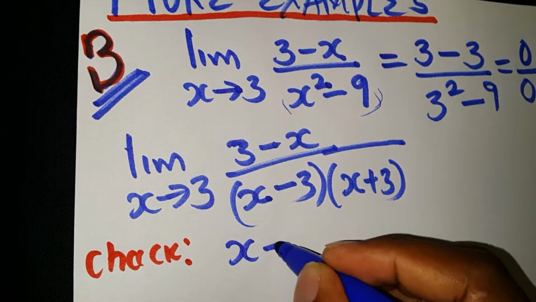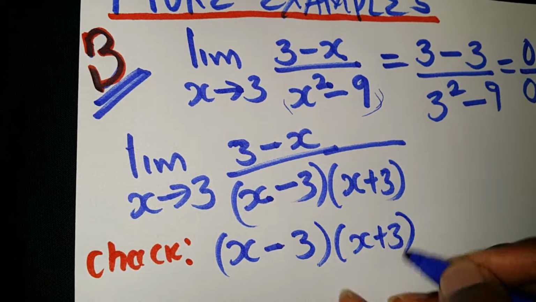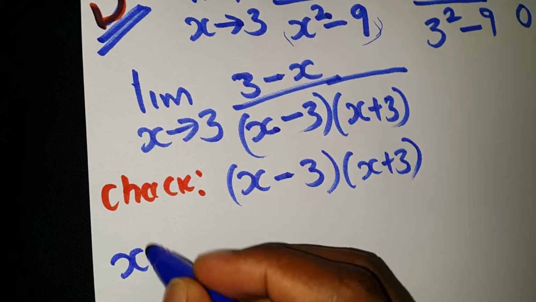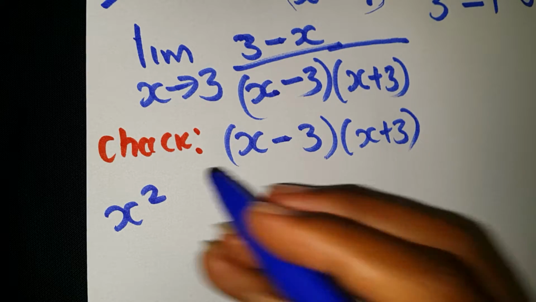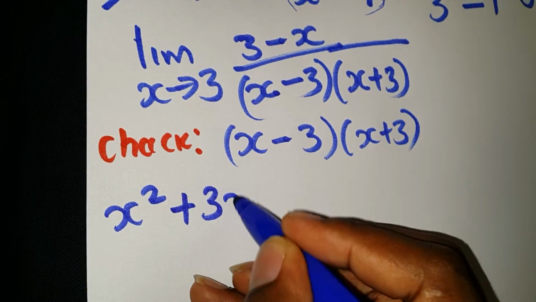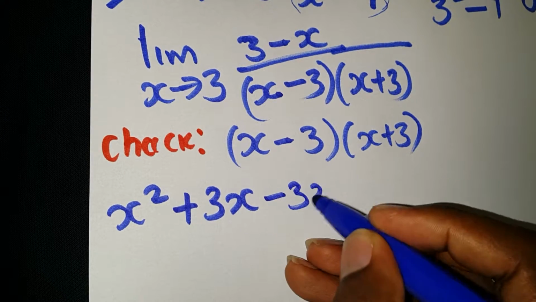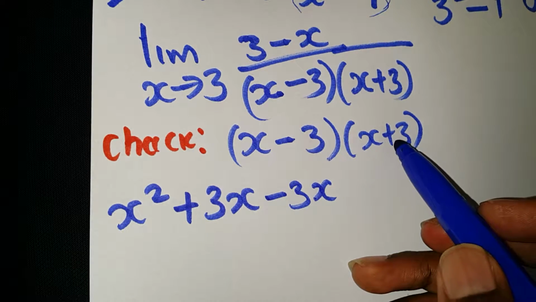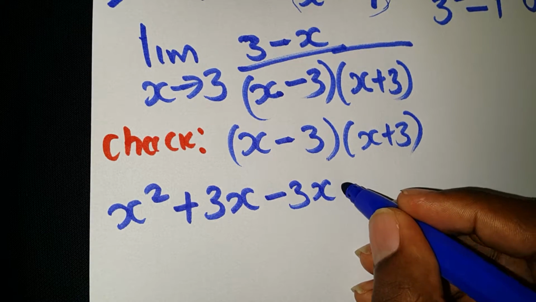We have (x minus 3)(x plus 3). X multiplied by x is x squared. X times positive 3, we have positive 3x. Minus 3 multiplied by x, minus 3x. Negative 3 times positive 3 is negative 9.